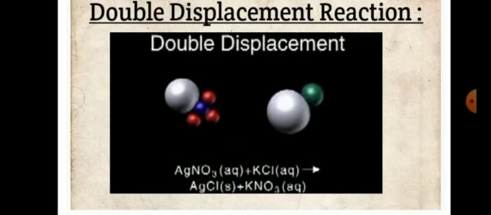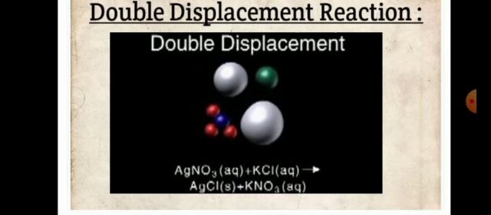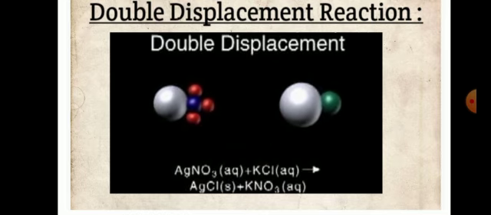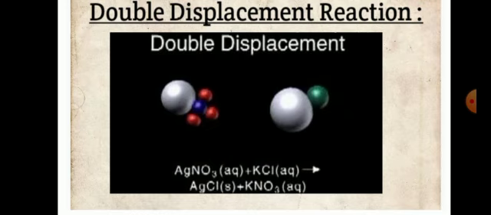So as you can observe here from this GIF that your silver nitrate, that is your aqueous solution, that is your AgNO3, reacts with your KCl, that is your aqueous solution, that is your potassium chloride, will give you the end product as your silver chloride, that is solid in state.